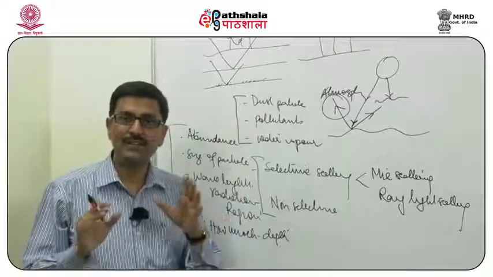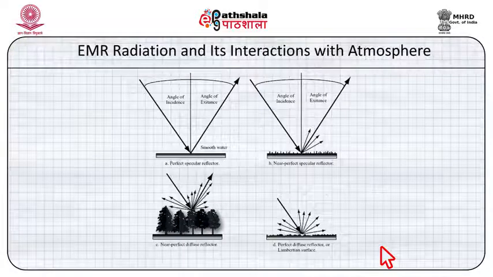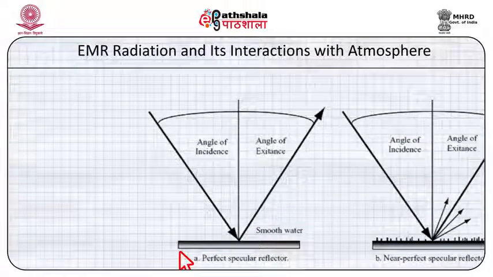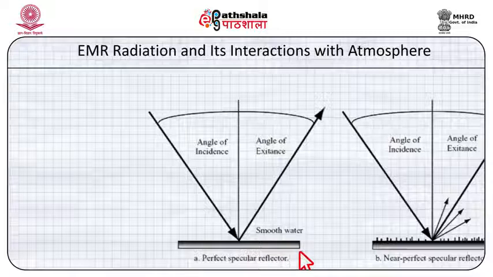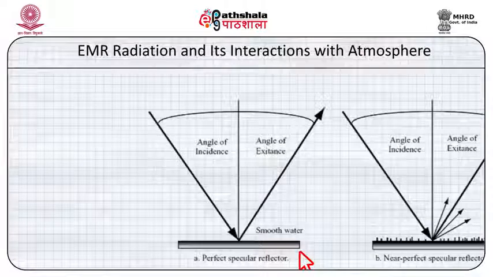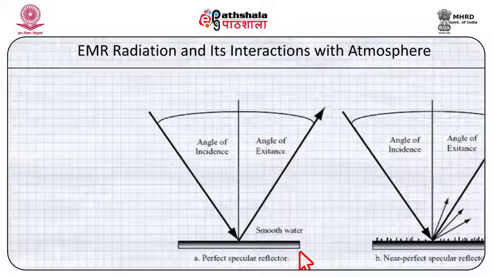For that, if you see Figure 4 of this module, Figure 4a is the surface which I was talking about, a perfect specular reflector, where the earth surface is smooth. But the earth cannot be so smooth because it is a natural surface where we have undulation. We do not have it as smooth as a table, a glass floor or a marble floor.